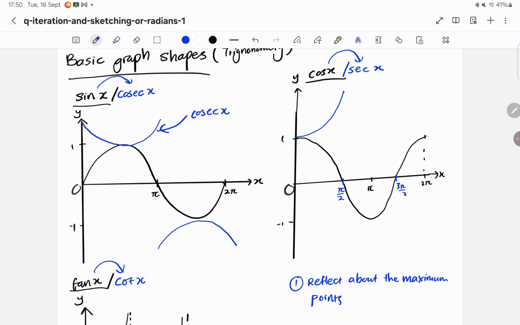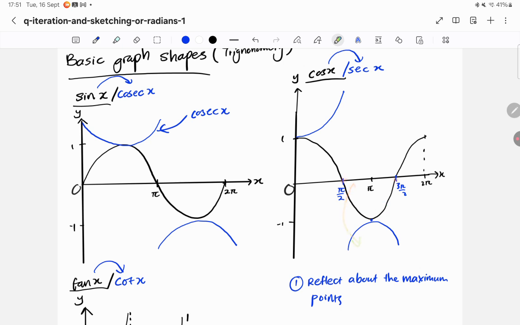Now our next point is here, and we want to reflect about it. So we can just take it here and reflect about it. This entire bump from this x-axis intercept to here, we're just going to reflect that.